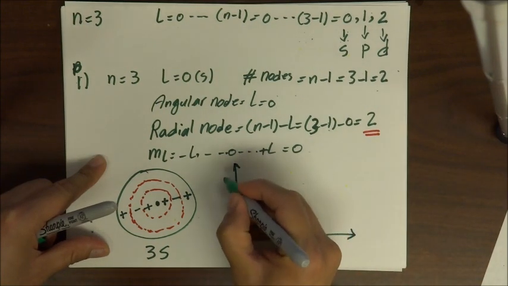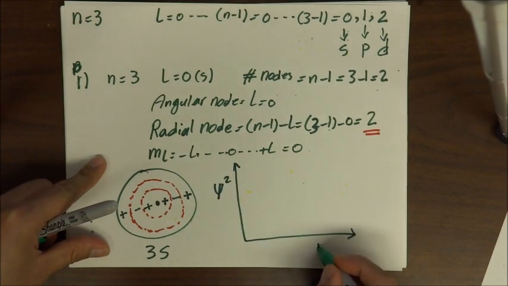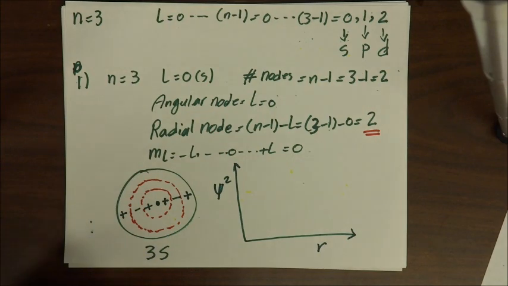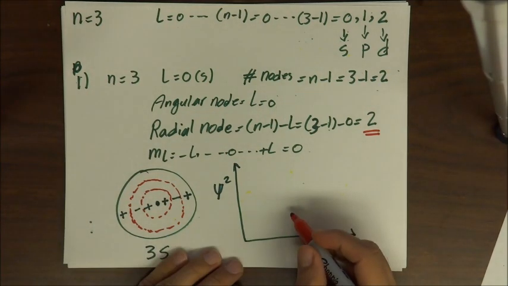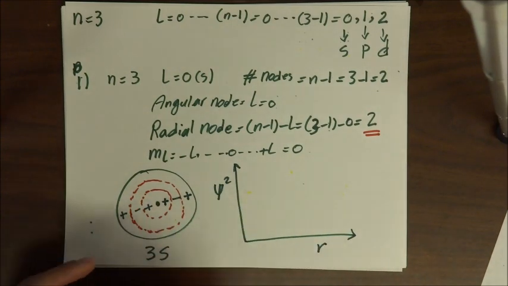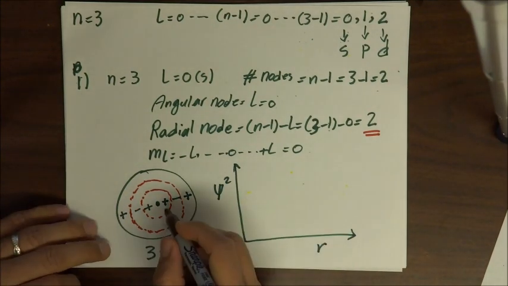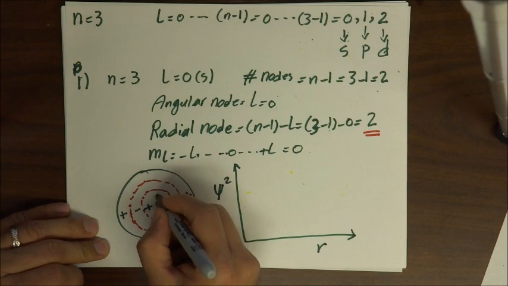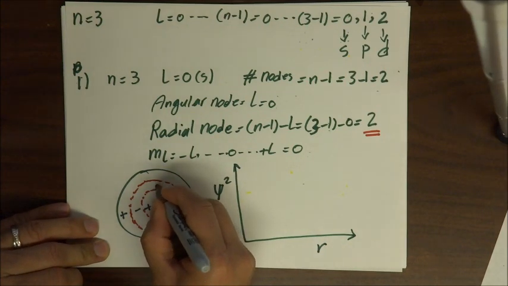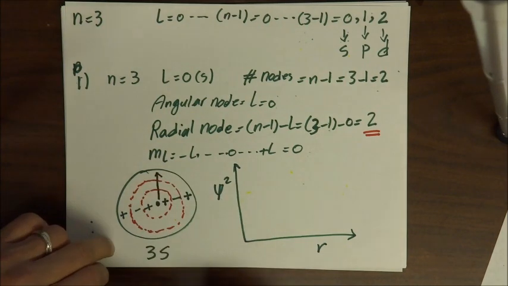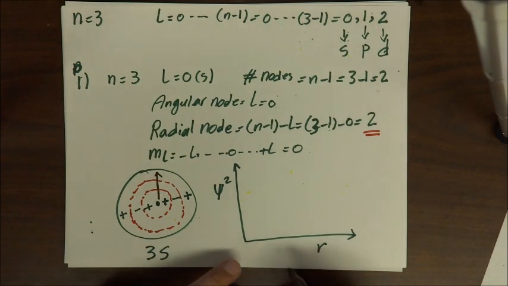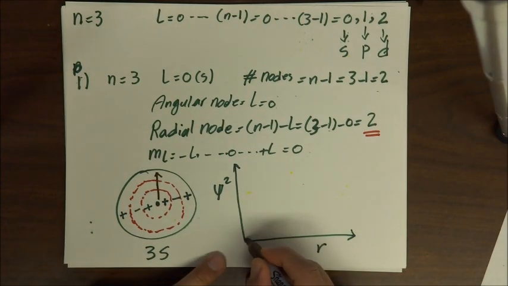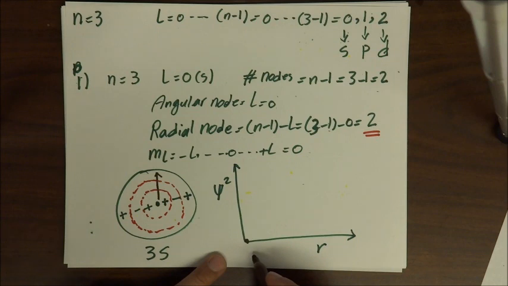Radial distribution. Move in one direction, any direction you want. Say we are moving in this direction. From the nucleus, there is no chance to find electrons, so probability will be 0.